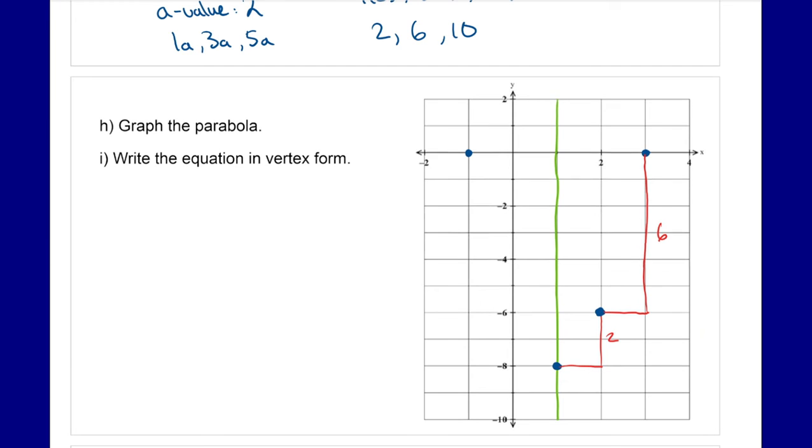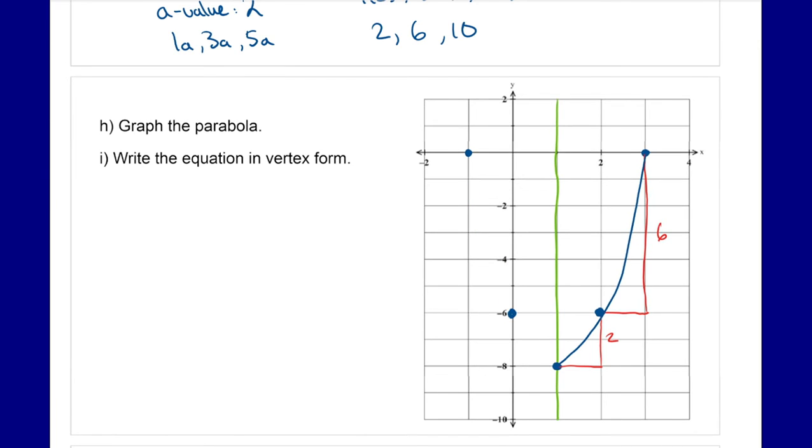I can repeat that on the other side, or just mirror the points. It does also match that I have a y-intercept of -6. So I'm going to roughly draw it out, if I can keep a steady hand, which it doesn't seem like I can.